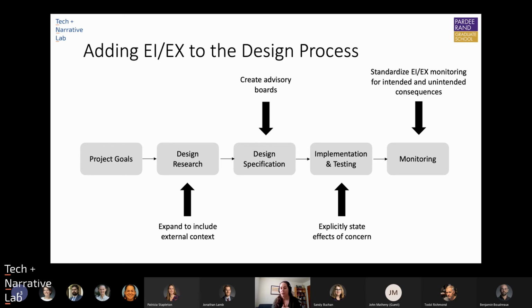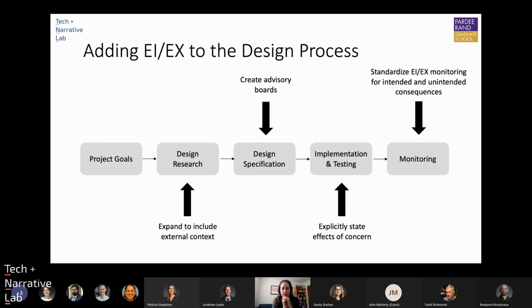As we are uncovering some of these potential impacts, if we can't mitigate all of them with the actual design of the technology, we can explicitly state concerns. And then on the monitoring side, actually monitoring for intended or unintended consequences and keeping track of how the technology is being used. So this is definitely a work in progress, and we'll be thinking about this as we coalesce all of the insights from the various teams.